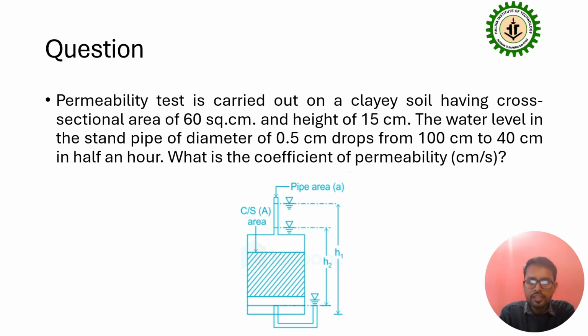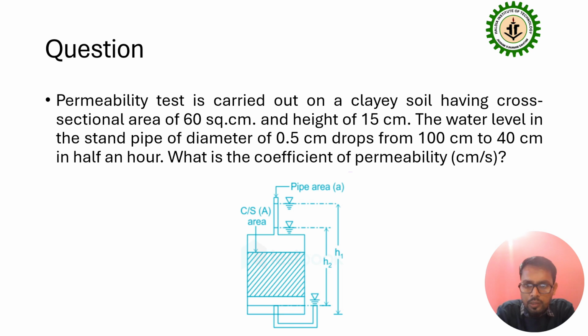Now for better understanding, let's solve a numerical. A permeability test is carried out on a clay soil having a cross sectional area of 60 square centimeter and a height of 15 centimeter. The water level in the standpipe of diameter 0.5 centimeter drops from 100 centimeter to 40 centimeter in half an hour.